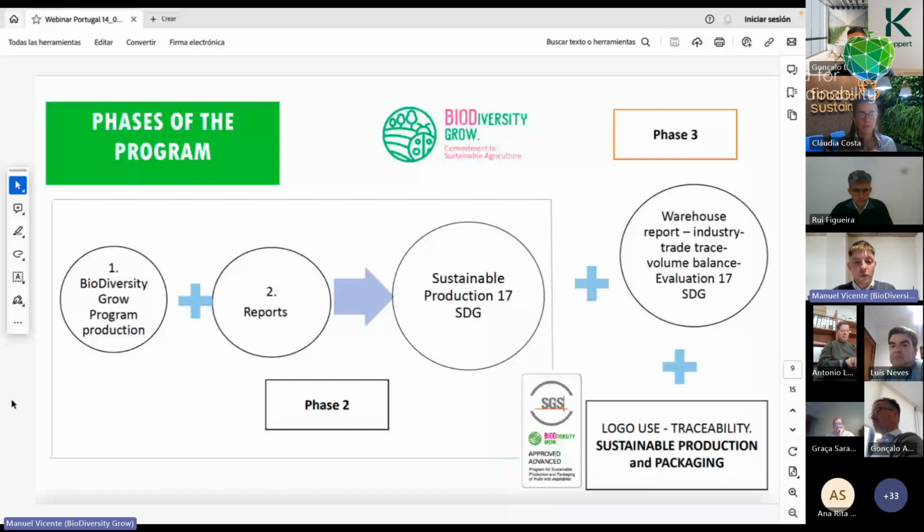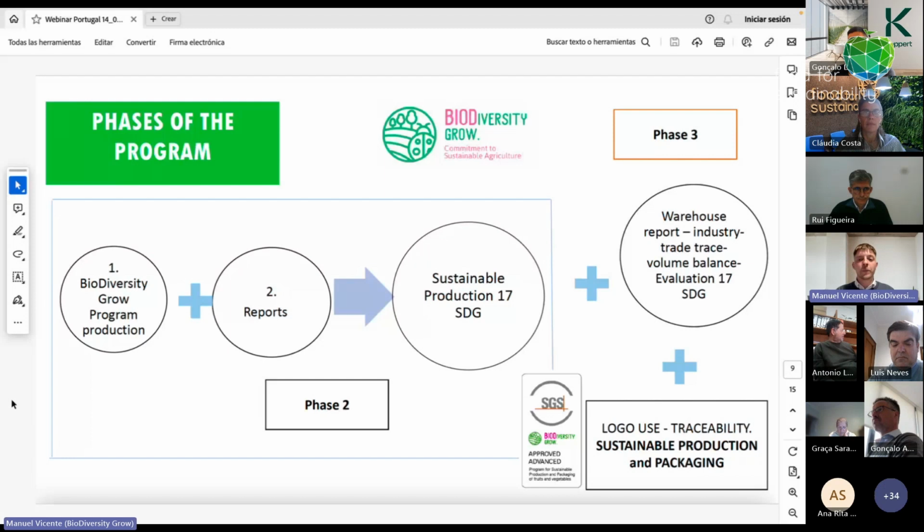So we make a second report and we evaluate together with the 17 Sustainable Development Goals. That means with different things that are not only based on how they manage biodiversity in the field. And of course, if they have packaging houses, there is a phase that is quite similar to chain of custody in some standards, as for example GlobalGap.